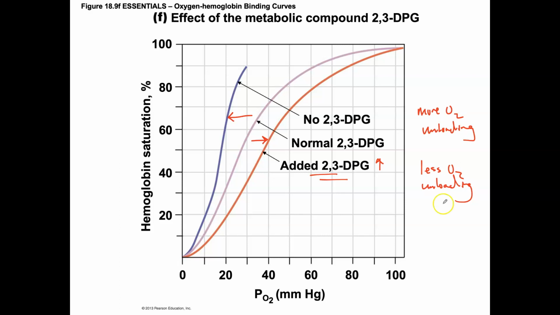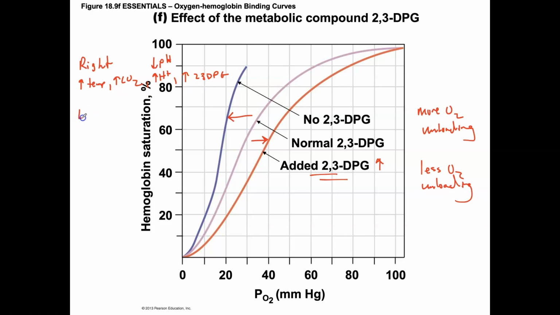To summarize, when you look at the oxygen hemoglobin dissociation curve, there are factors that can shift the curve to the right or to the left. When it shifts right, we're talking about increased temperature, increased CO2, increased hydrogen ions, which lowers pH and makes it more acidic, and increased 2,3-DPG.